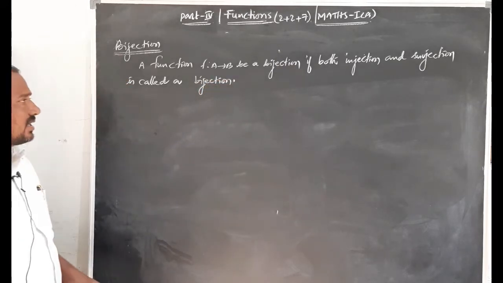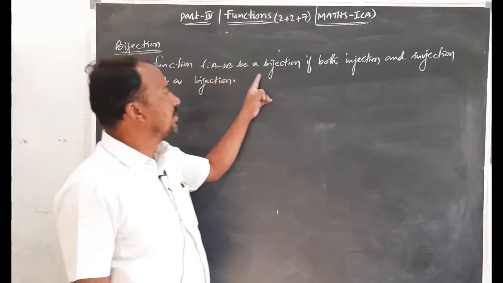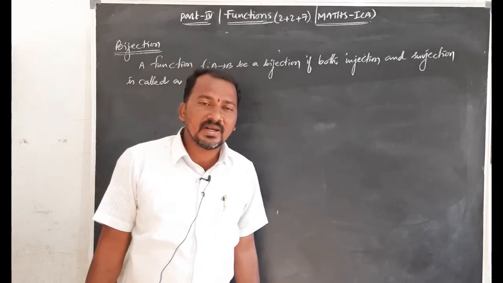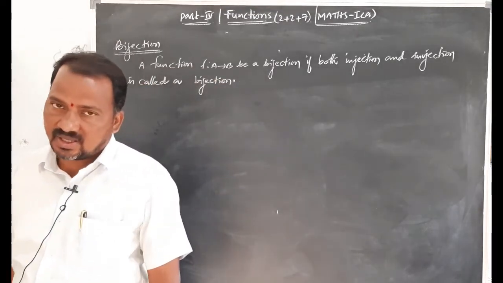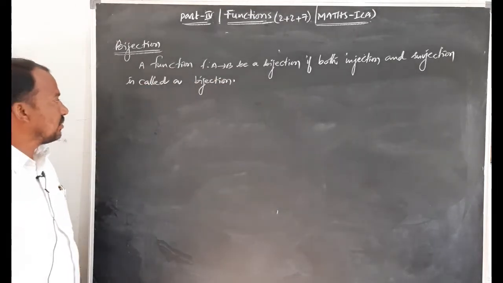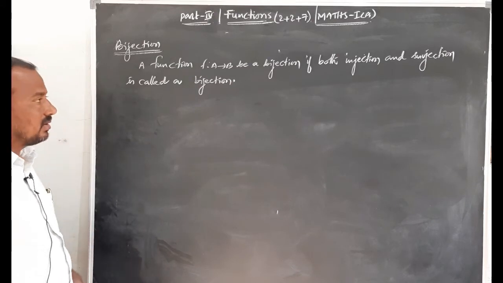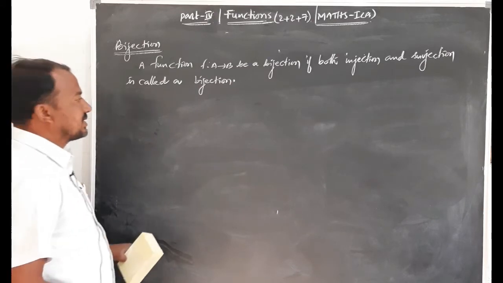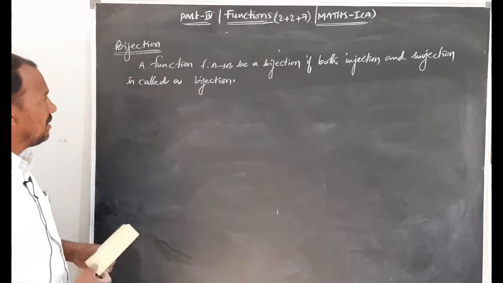A function that is both injective and surjective is called a bijection.